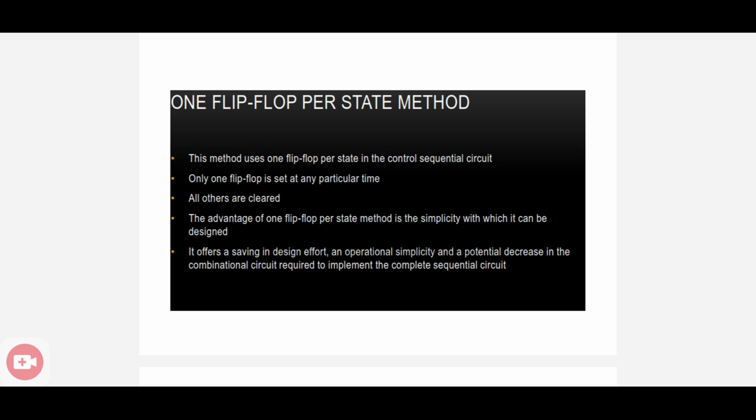That is, if we are using 4 flip-flops in a circuit, one flip-flop is set at time t1, that is, it is equal to 1 at time t1, but at time t1 all the other 3 are cleared, or set to 0. That is the meaning of one flip-flop per state method. In this method, the main component of the control unit is flip-flops.